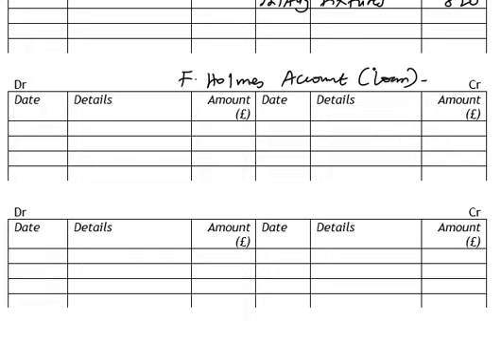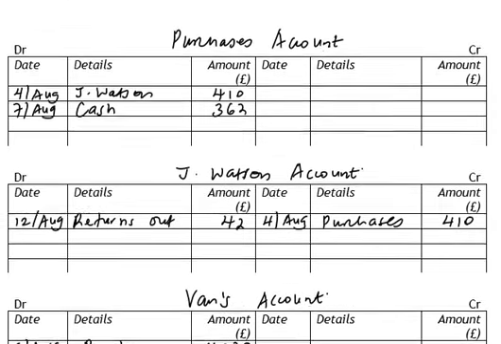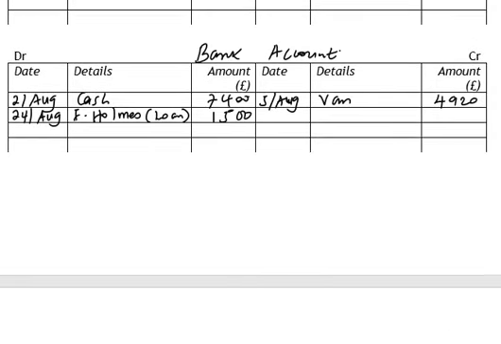So we credit this account. This is on 24th. We receive the money through our business bank account worth 1,500. Let me check the bank to confirm the amount.